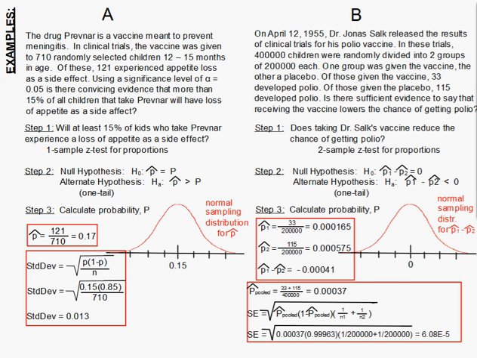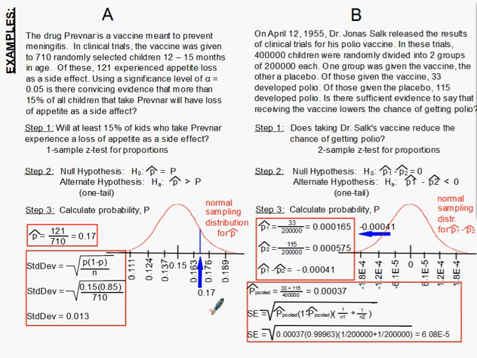That would look something like this. And once we have that, we can locate our sample proportion. So where is 0.17 in comparison to this distribution? Well, it's right here. It's a little over 1 standard deviation from the center.